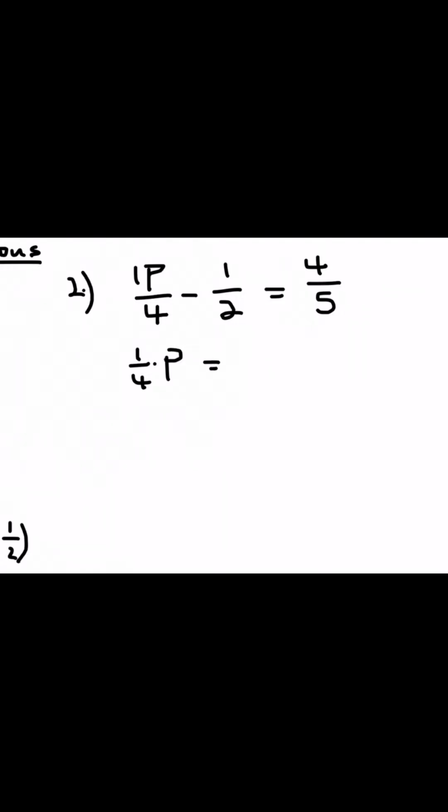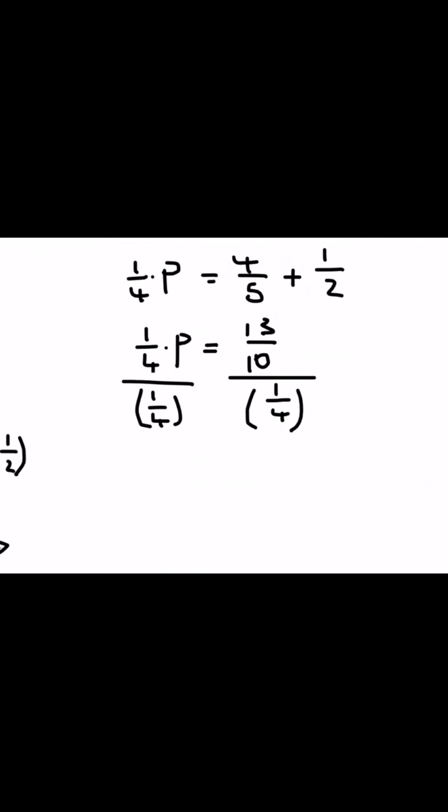We will say equal to not 5 but 4 over 5, because that's what you have already. And then that 1 over 2 goes to the other side, it changes the sign, it becomes plus 1 over 2. So you still have your 1 over 4 p there, which is equal to, on your calculator, 4 over 5.